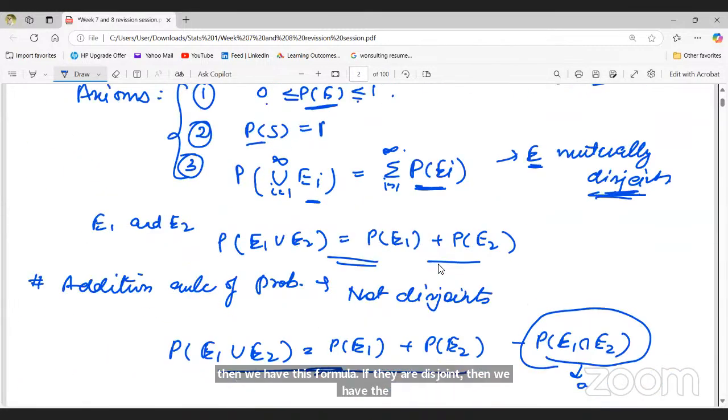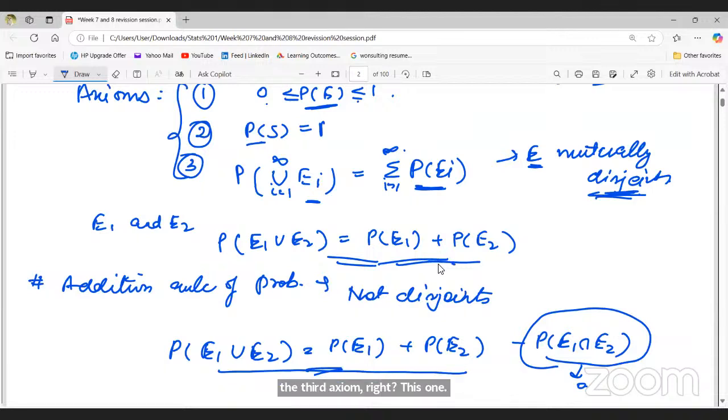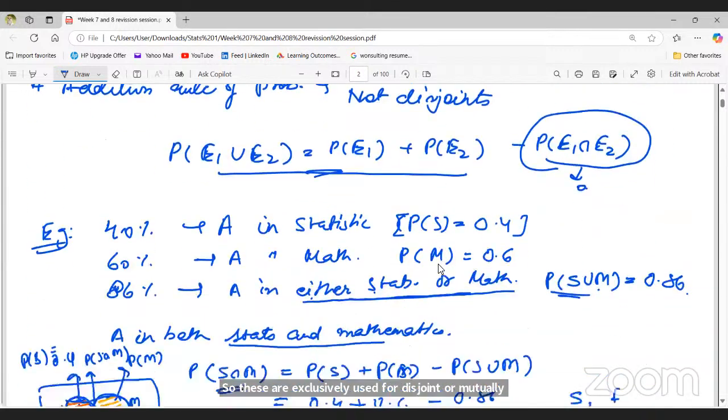Independence we will talk about later in week 8. In week 7 we have disjoint, mutually exclusive events, so these are exclusively used for disjoint or mutually exclusive events.